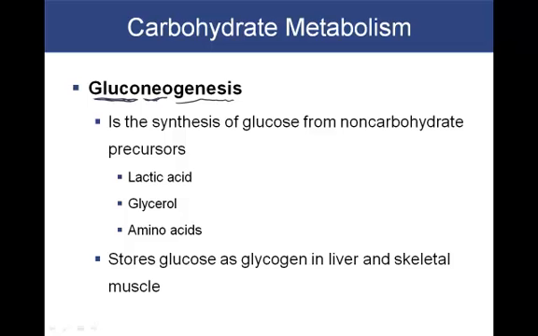There are lots of different molecules, different organic substrates that we ingest. We do not live on a diet of glucose alone. So other molecules, such as lactic acid, glycerol, and various amino acids, can be converted to glucose. And when they're converted to glucose, it's referred to as gluconeogenesis.